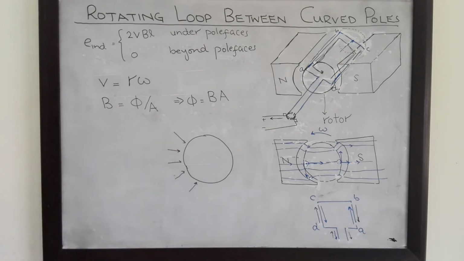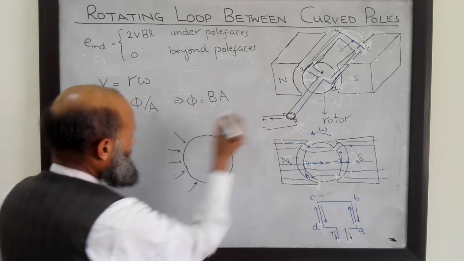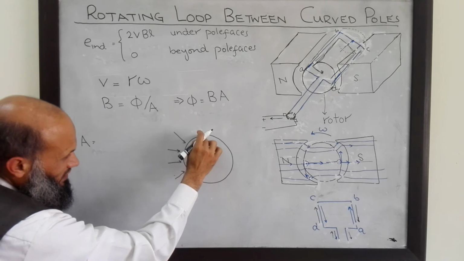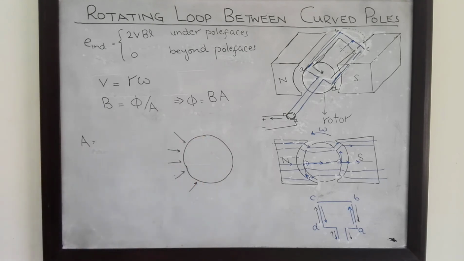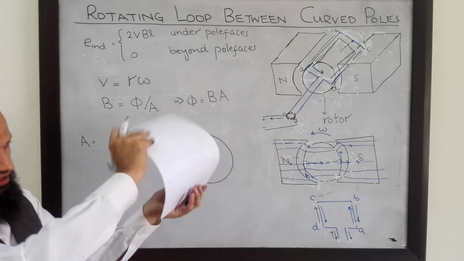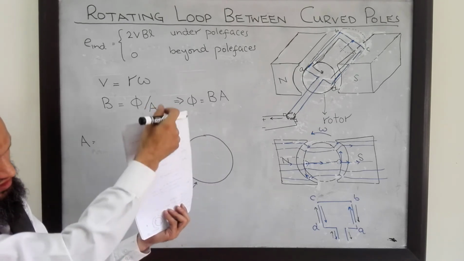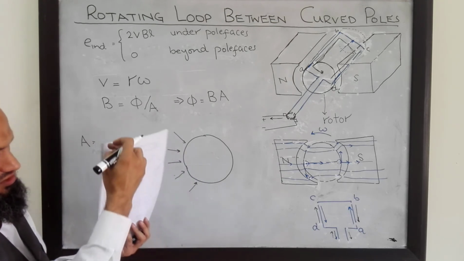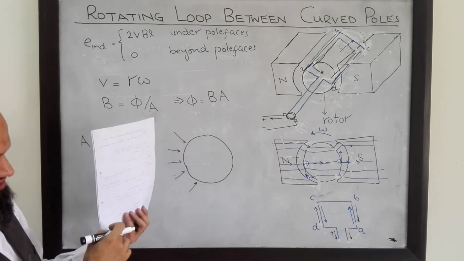Total surface area of this rotor: if I have this cylindrical surface, and I cut it open from here, this total surface area is equal to this length multiplied by this length.